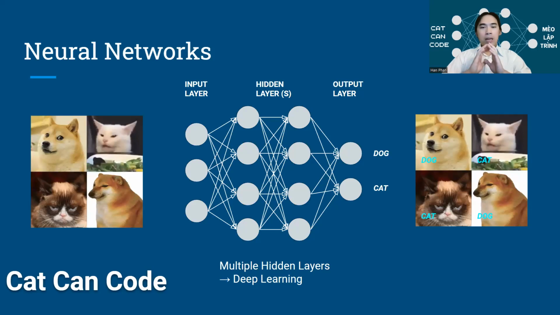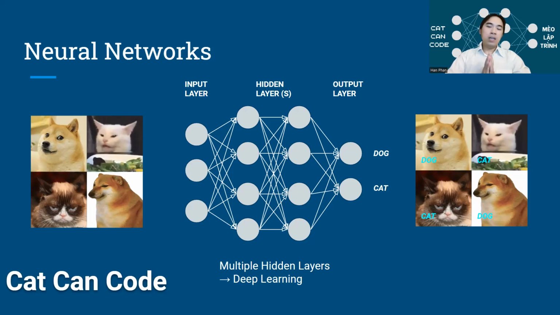So neural networks have multiple components, but they normally have three main components. One is the input layer, another is the output layer, and in between there are zero, one, or many hidden layers.